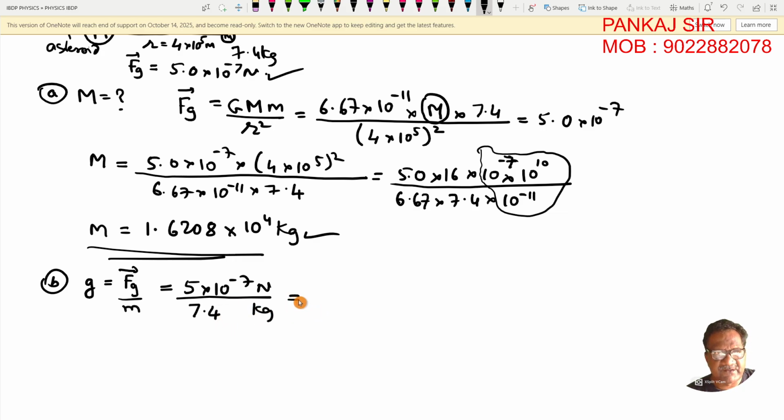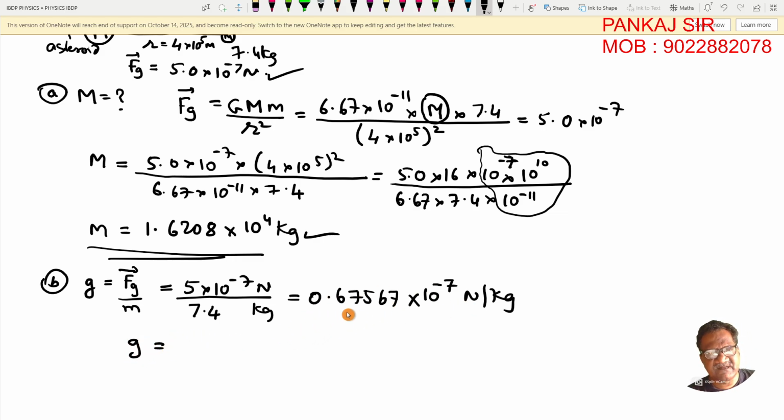When you do this calculation, 5 divided by 7.4, you get 0.67567, times 10 raised to minus 7 is already there, and the unit will be Newton per kg. Now this isn't in proper scientific notation, so let me write it properly. I will have to bring the decimal one place to the right, which makes it 6.75 into 10 raised to minus 7.